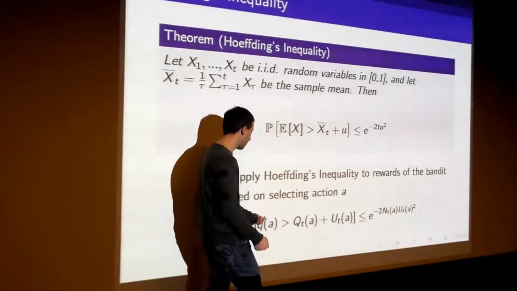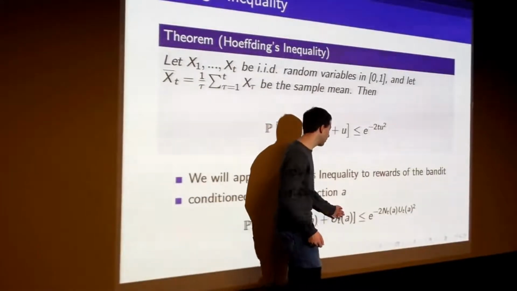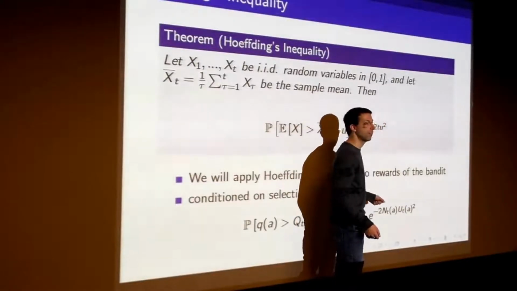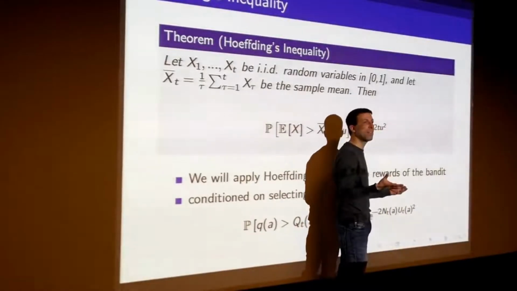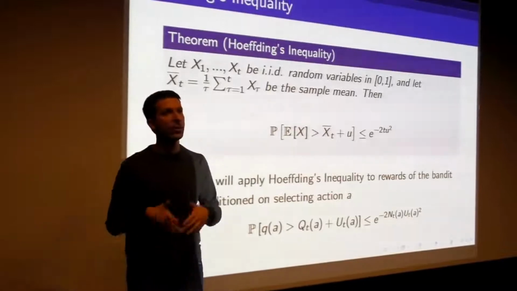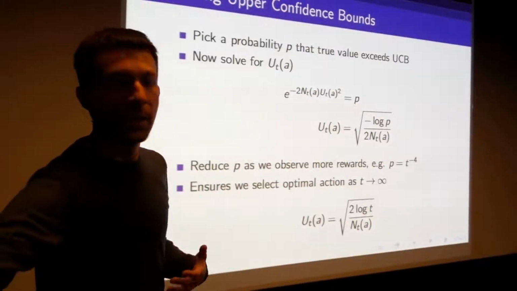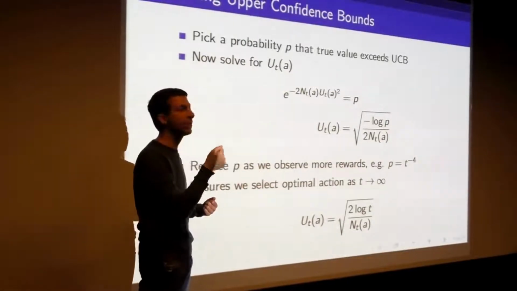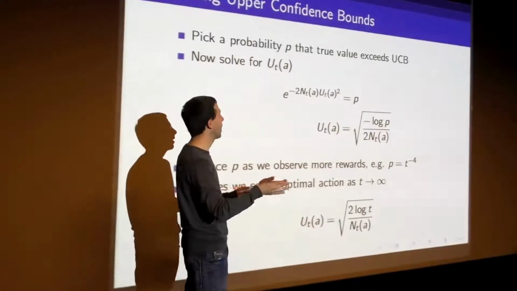Because we know that the probability that I'm making a mistake of more than this U value is bounded by this value. So if we plug in 5%, then we'll solve for our upper confidence value in a very general way. So we're going to pick a probability, like picking our 95% interval. We pick that p-value and solve for our u.